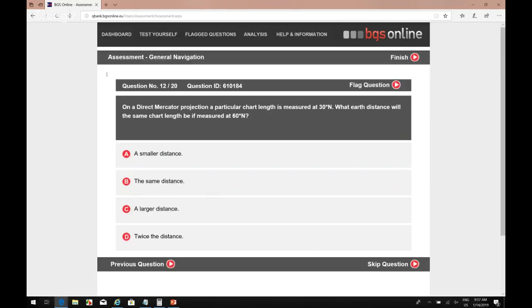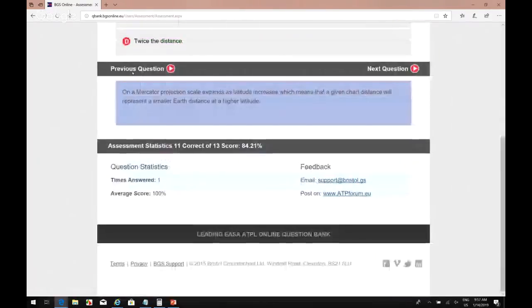It will be less, wouldn't it? Yep. On a Mercator projection, scale expands as latitude increases, which means that a given chart distance will represent a smaller Earth distance at a higher latitude.